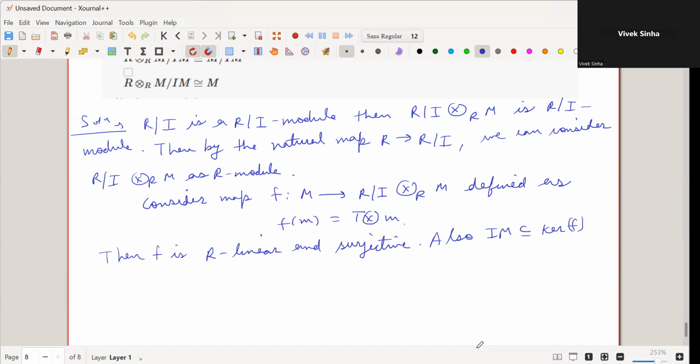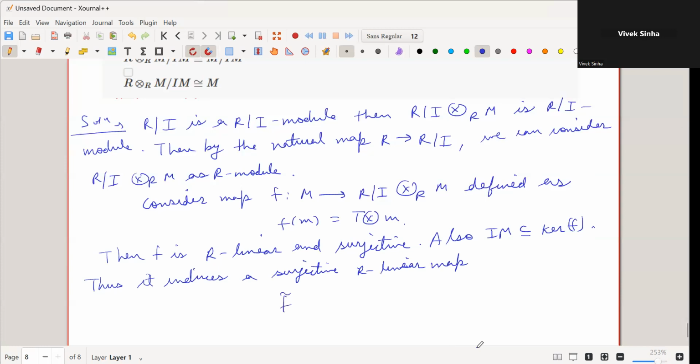We have already done this kind of thing in one of the assignment solutions, that IM is contained in the kernel of F. Thus it induces a surjective R-linear map, just quotienting the domain by whatever was contained in the kernel.